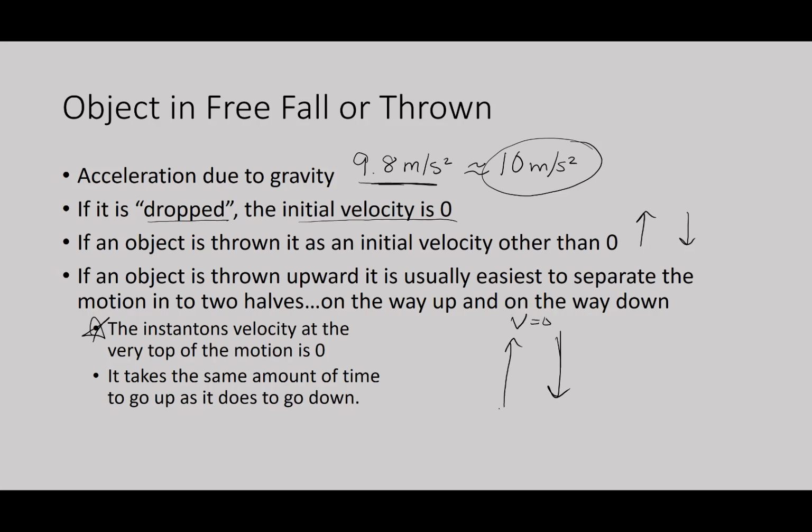So that instant when the ball or the rock or whatever is being thrown is at the very top of its motion, its velocity is 0. That will help us. So if it was going up, right before it starts to fall back down, we have that spot where we know its velocity to be 0.